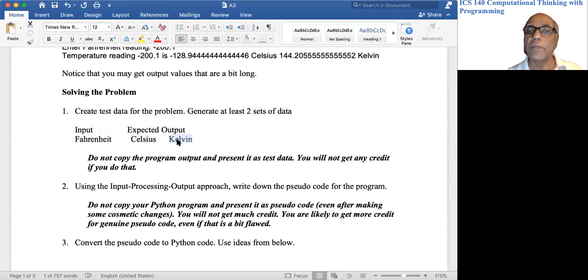Many of you may not know how this is converted, and I would ask you to find out from the internet. If you just Google how to convert from Fahrenheit to Celsius or Kelvin, you should immediately see the formula, use that. The reason I did not want to write it here is I didn't want to spoon feed.